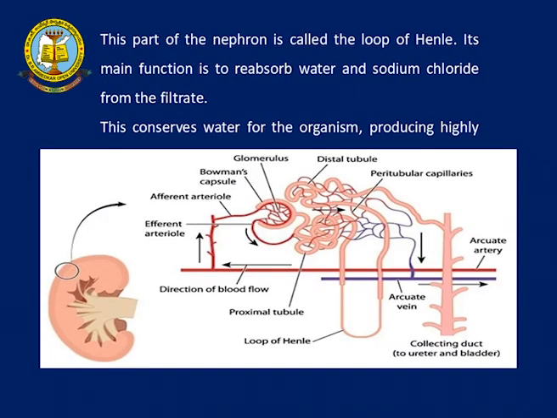This is the overall structure connected with the nephron, called the loop of Henle. The main function is reabsorption of water and sodium chloride from the filtrate. This conserves water, producing highly concentrated urine.